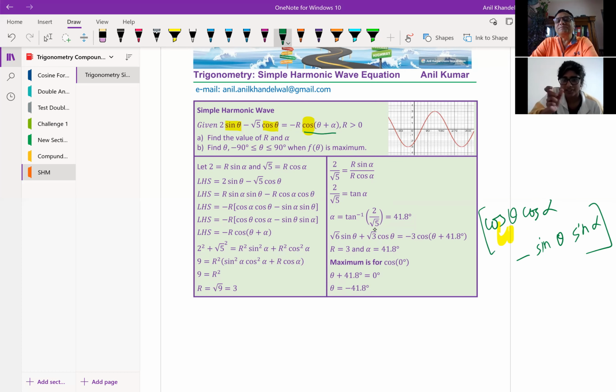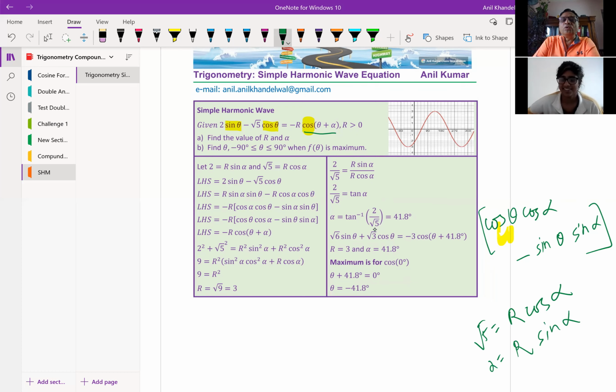I'm trying to substitute. So we got 2 sine theta, and the order is really weird, that means minus root 5 cos theta. So does that mean my root 5 equals r cos alpha? Yes. And 2 equals r sine alpha.